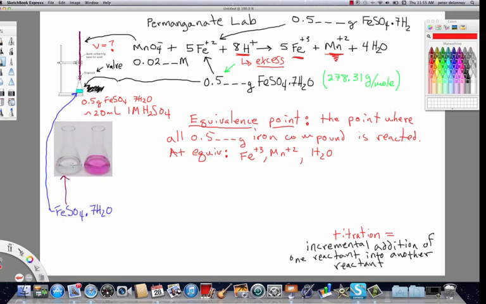And what you're trying to walk towards is the coloration that we see here on the right, where we see that we have a pink solution. All right, this is what we call the end point.